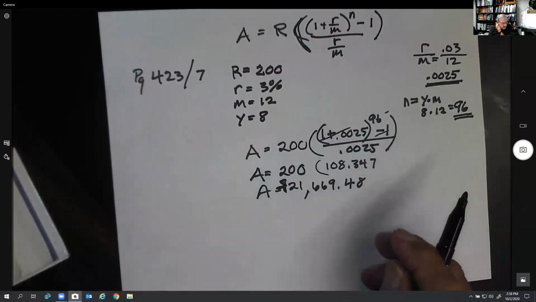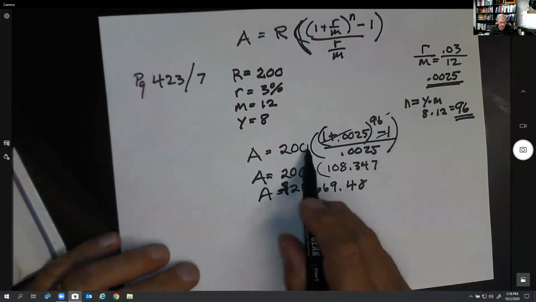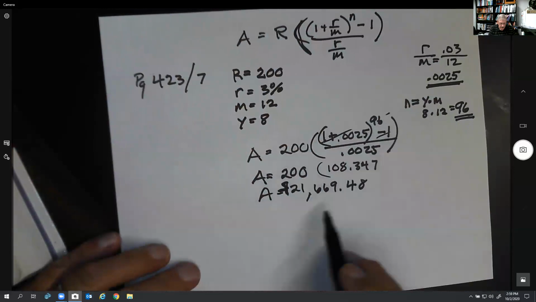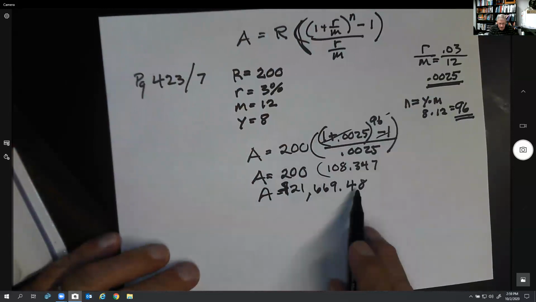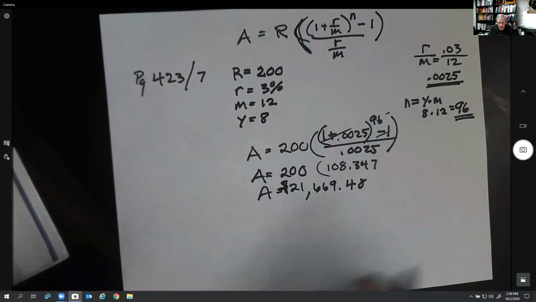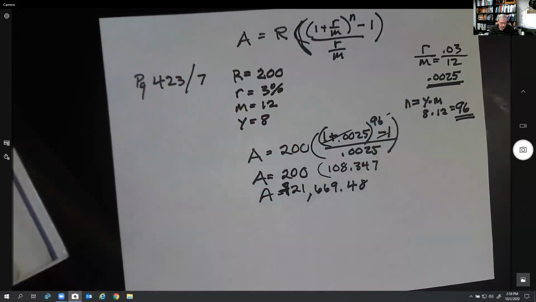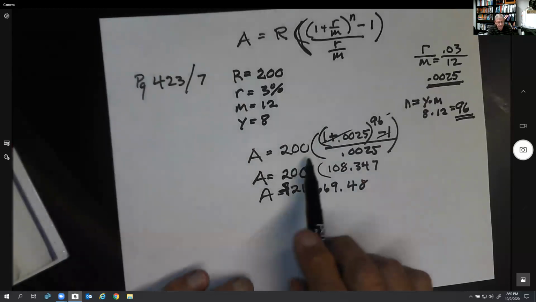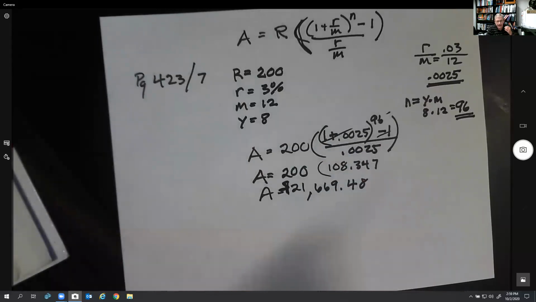We can also use this for figuring out a car payment. If you were paying $200 a month for a period of 8 years, this is how much car you could buy for your money, $21,600, because your payments are compounded. The reason they compound your payments is because the bank can get their money first.